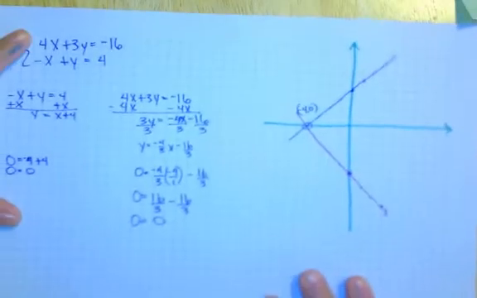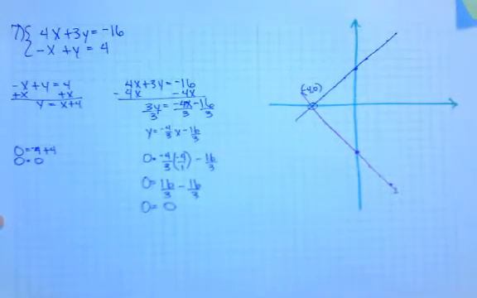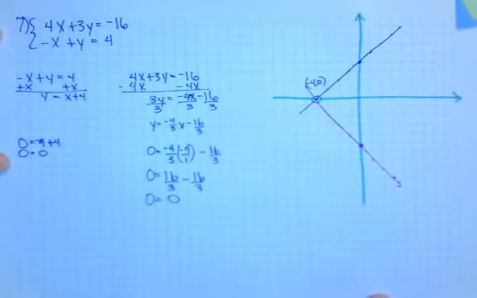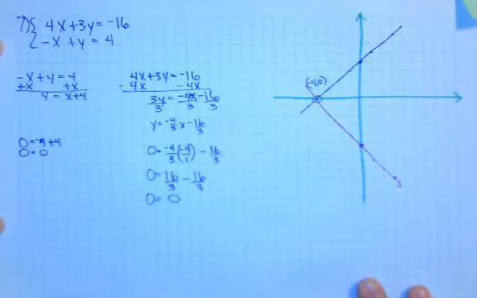Number 7. In number 7 and all of them, make sure that you're watching your negative signs. They can get lost real fast, so make sure that you're paying attention to that. So, in number 7, the system of equations are 4x plus 3y equals -16, and -x plus y equals 4.